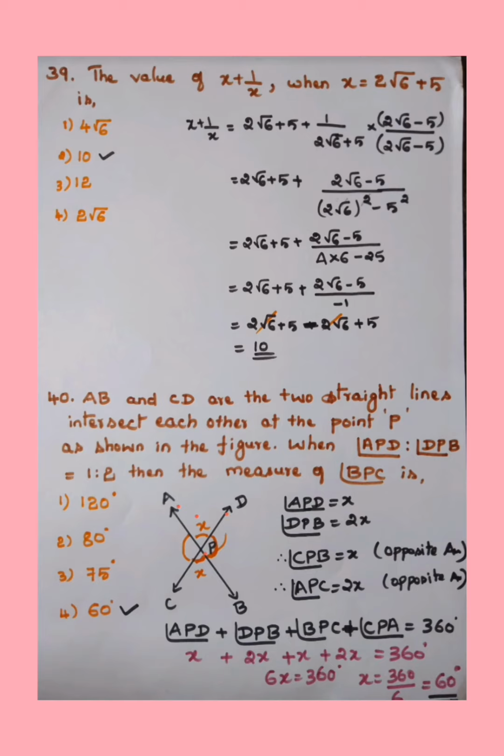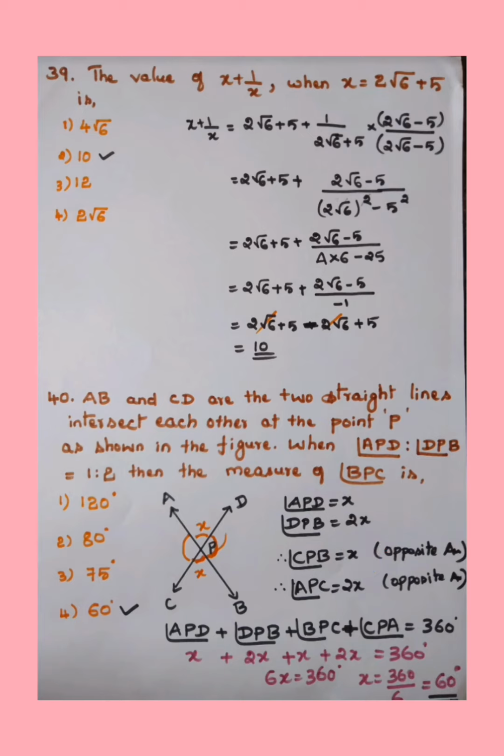APD is equal to x, that's the consideration given here in the sum. Then DPB is equal to 2x. They are in the ratio 1:2, so we have taken x and 2x. Therefore CPB also will be x, because these two are opposite angles.